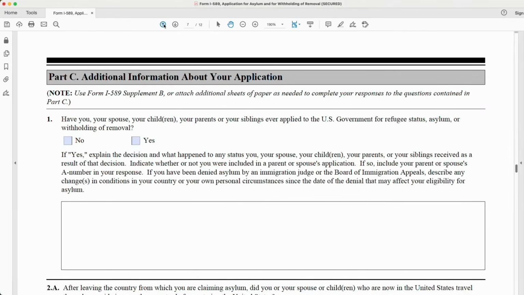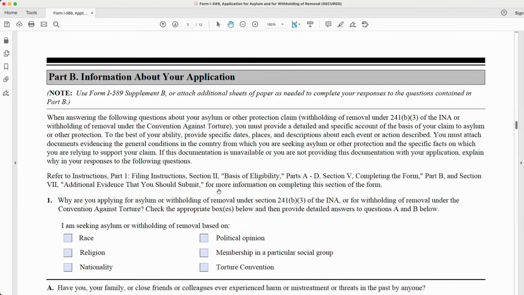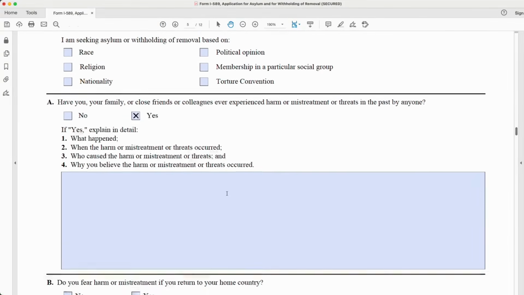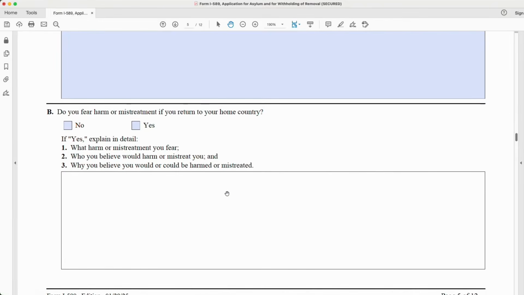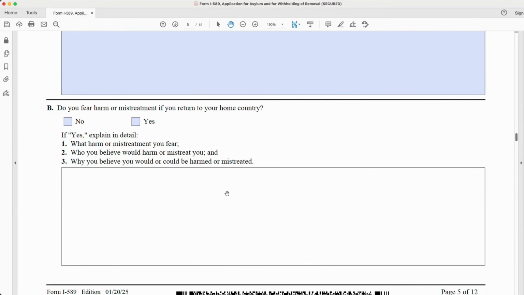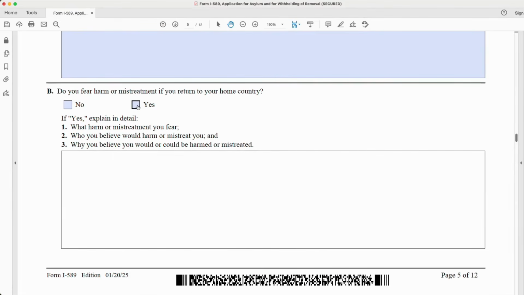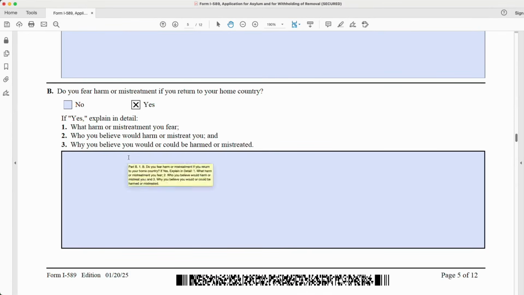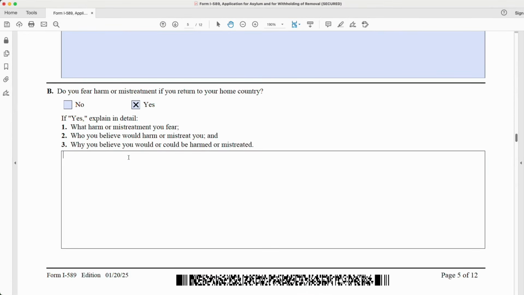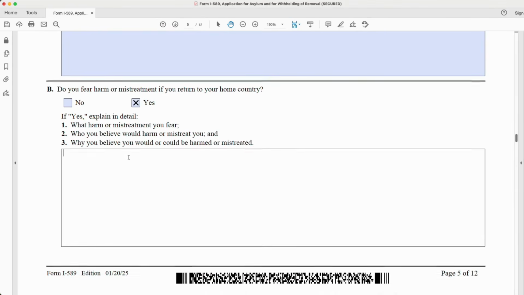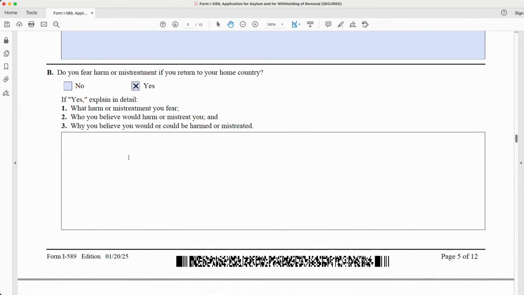Going back, question 1B is similar to 1A, but the difference is that it asks if you are afraid that you would suffer harm or mistreatment in the future if you would return to your country. If you do fear that, you can check yes, and then in the space provided, explain what you are afraid will happen to you if you must return to your country.